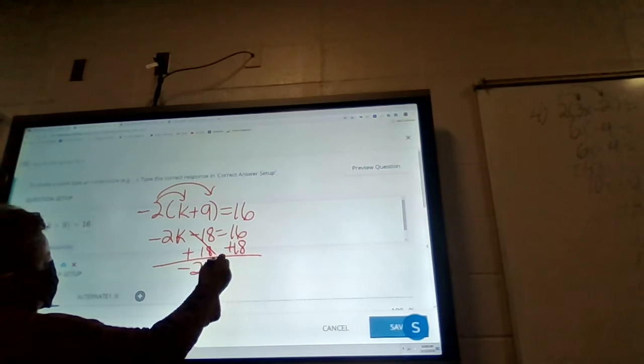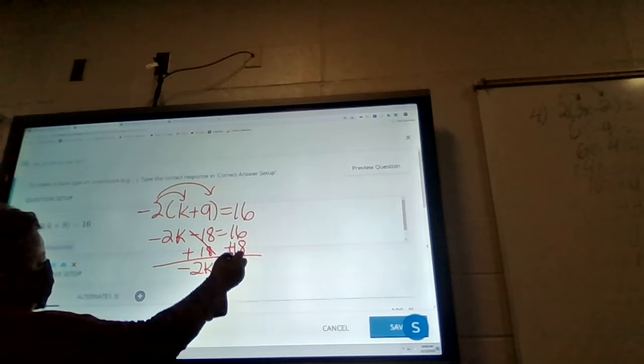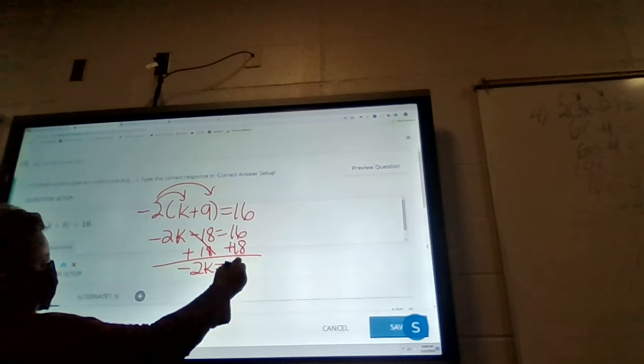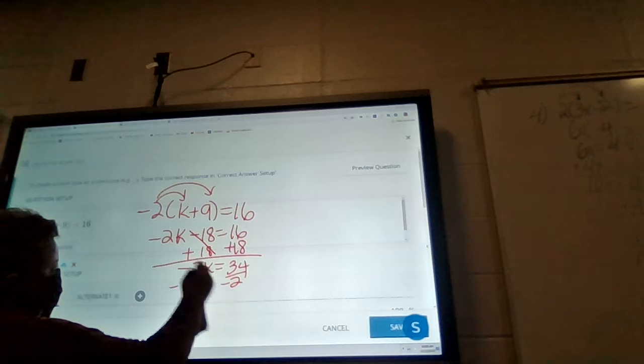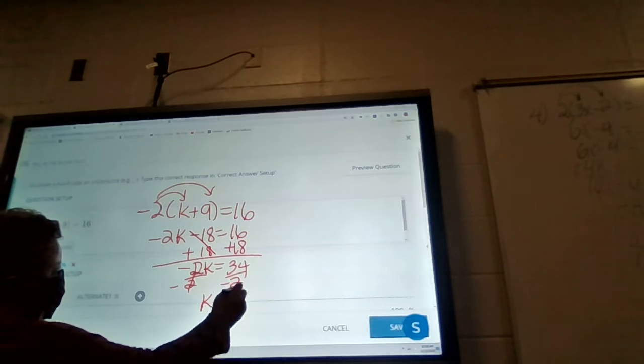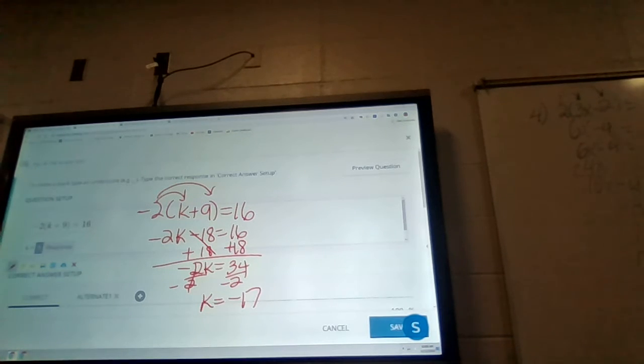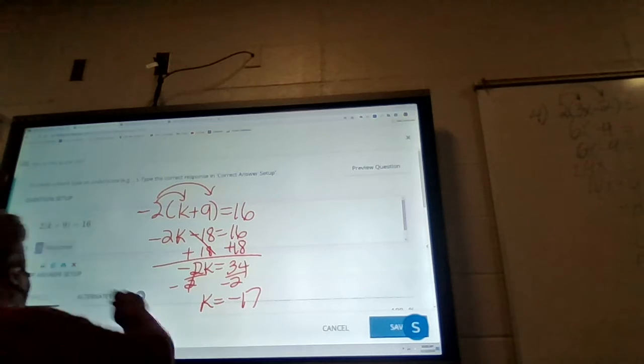That's an understandable error. Okay, so this is what, 34? Divide both sides by negative 2. See, I was just fixing to mess up. And k is equal to a negative 17. Most of you got that one, so we're good.